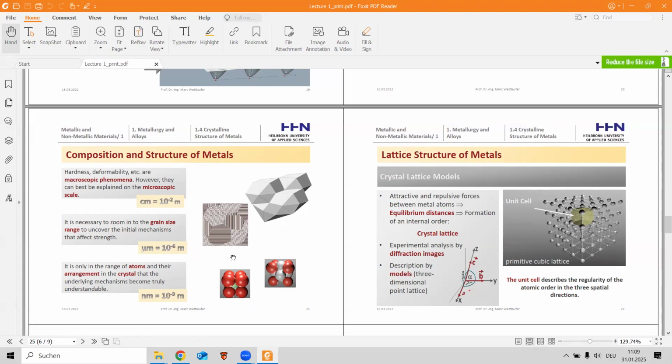In micrometers, and only in the range of atoms and the arrangement in the crystal, do the underlying mechanisms become truly understandable, so in the range of nanometers.